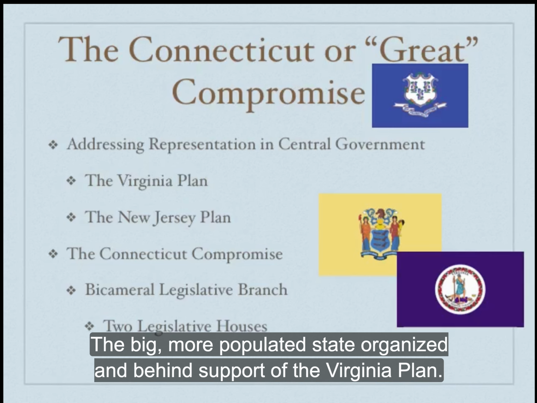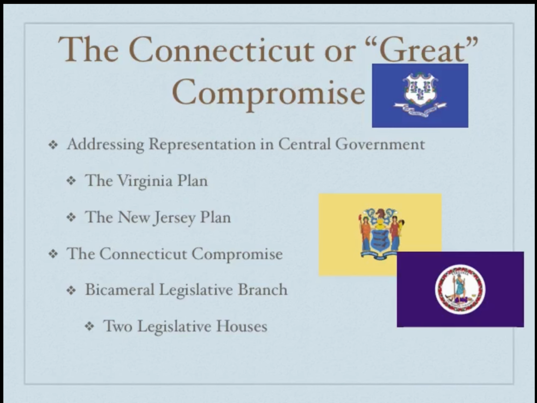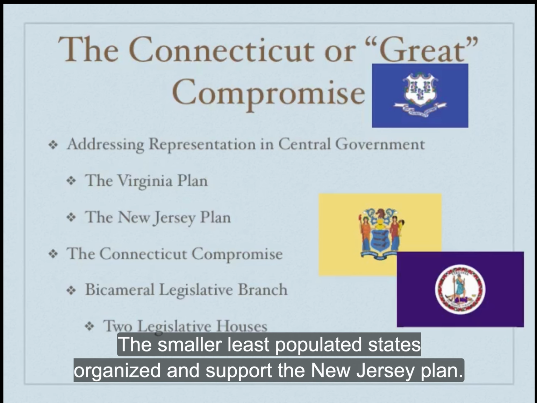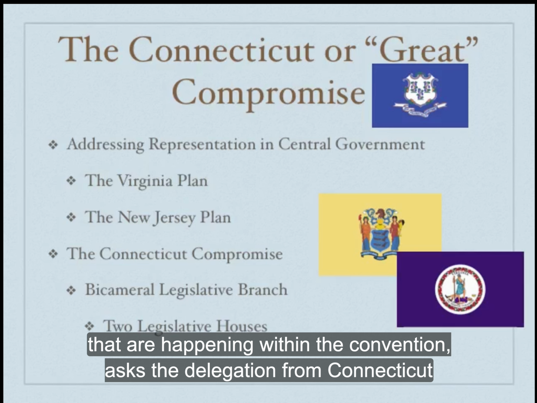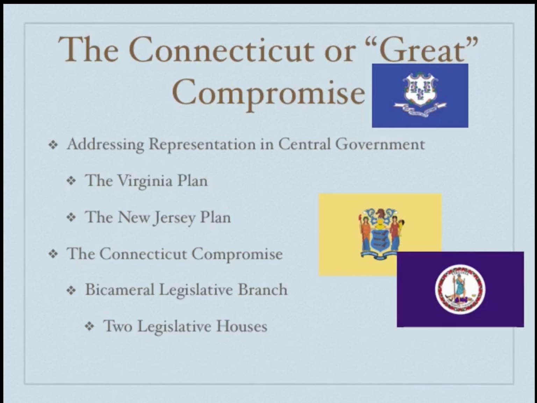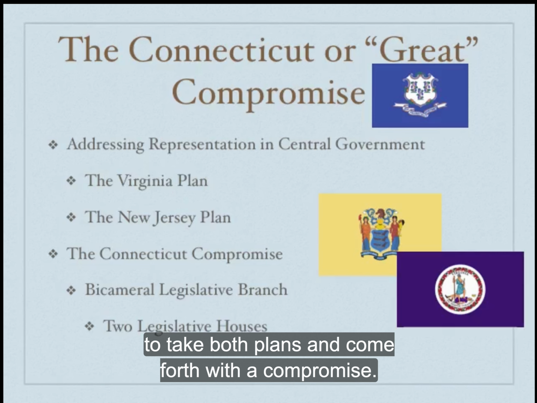The big, more populated states organized in support of the Virginia plan. The smaller, least populated states organize and support the New Jersey plan. Washington, recognizing the divisiveness of these 2 plans and the divisions that are happening within the convention, asks the delegation from Connecticut to take both plans and come forth with a compromise.